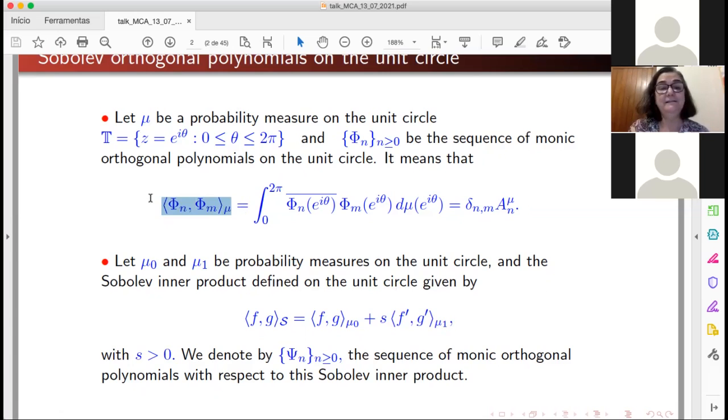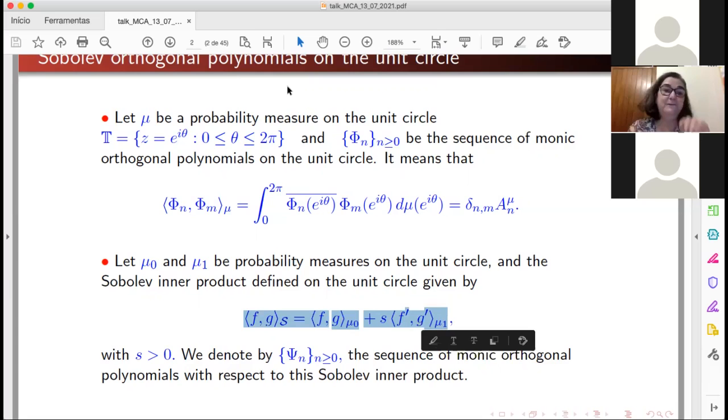We denote by capital psi n the monic orthogonal polynomials with respect to this inner product. We call them Sobolev orthogonal polynomials on the unit circle.